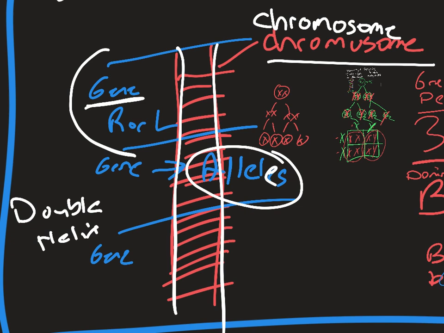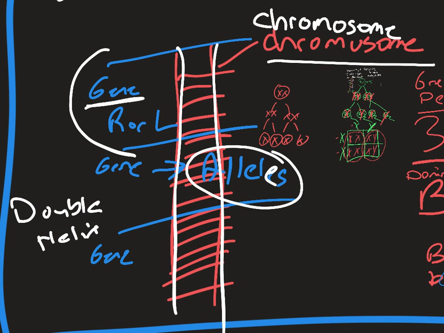So on this strand of DNA that we're currently looking at, we end up with 1, 2, 3 genes. Each different gene has a different possibility. The gene that I have on top is for if you're right-handed or left-handed. So there are 2 alleles there, a right-handed allele or a left-handed allele.